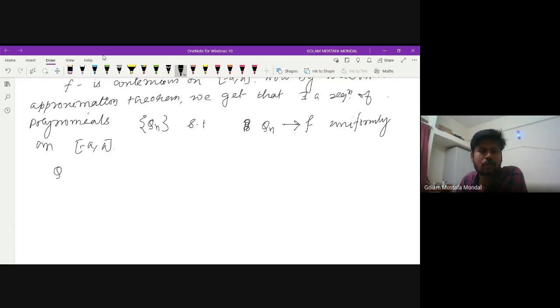Now define P n x equal to Q n x minus Q n 0.